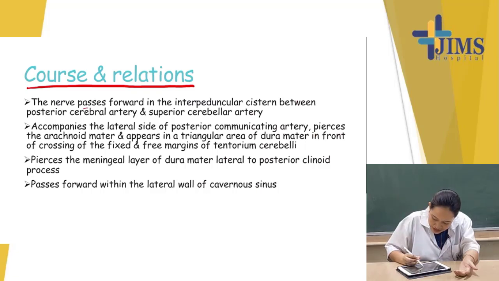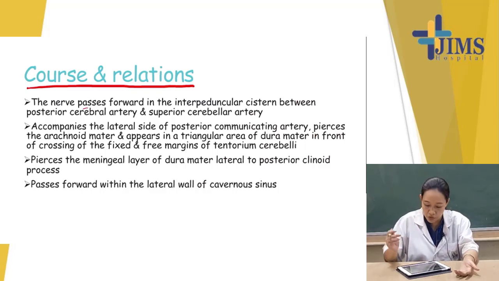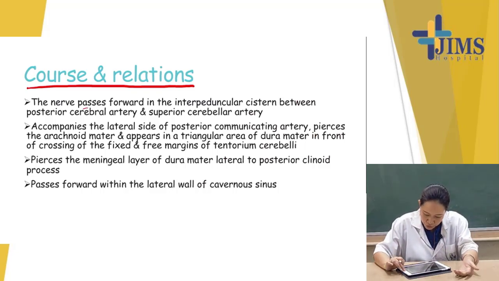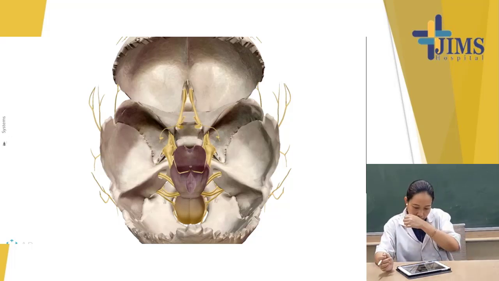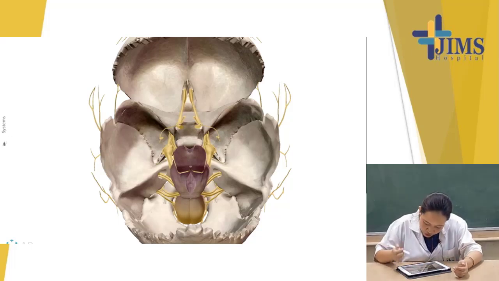Just after that, it pierces the arachnoid mater and lies lateral to the posterior clinoid process. So, let me just show you what you mean by the posterior clinoid process. Here we can see the pons. We can see the course of the oculomotor nerve here.